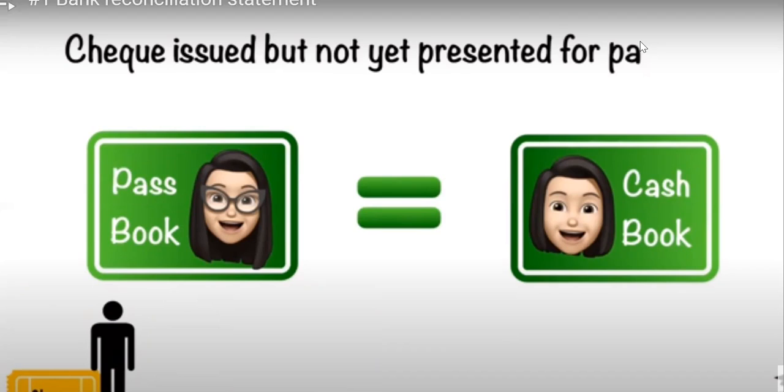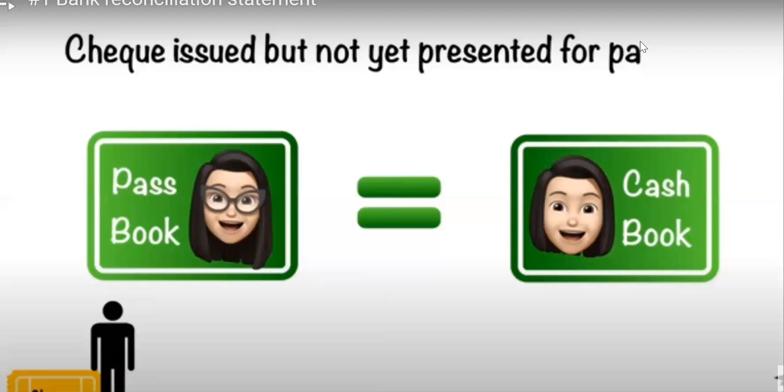We will see. First one: I give one check to you. I enter it in the cash book. I paid you through check, but the check is not yet presented in my bank. So I entered it in my cash book, I reduced my cash book balance because I already paid through check.